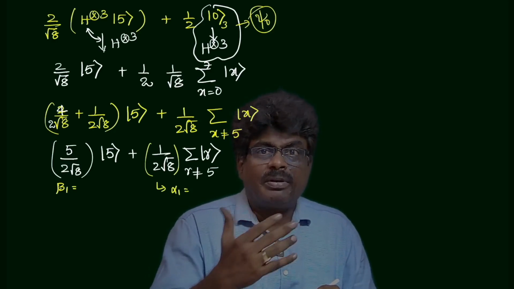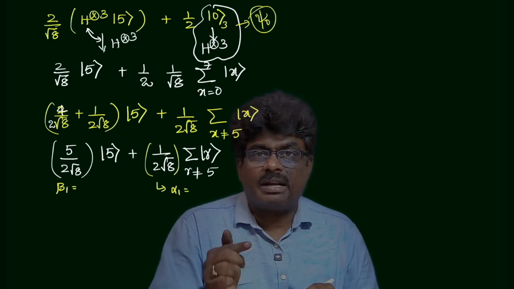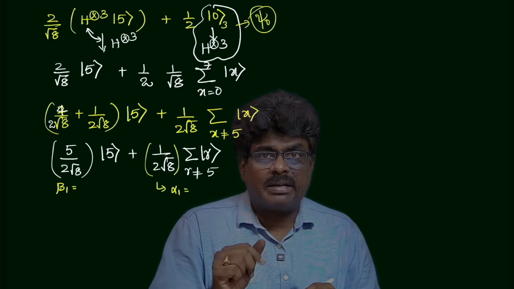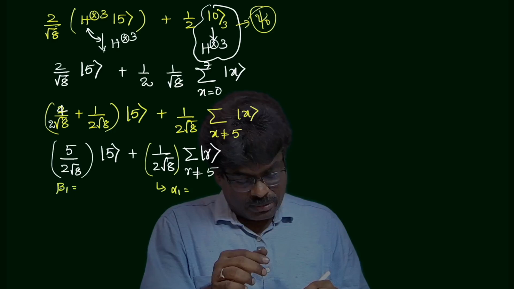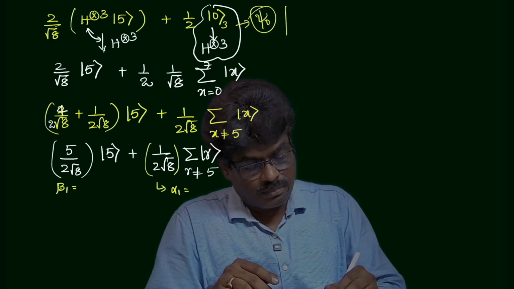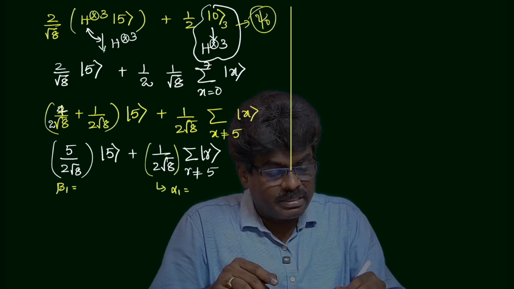Before going to the simulator, let us check whether our answer is right or wrong by using the matrix. We have already derived the iteration matrix. So here we have this iteration matrix.